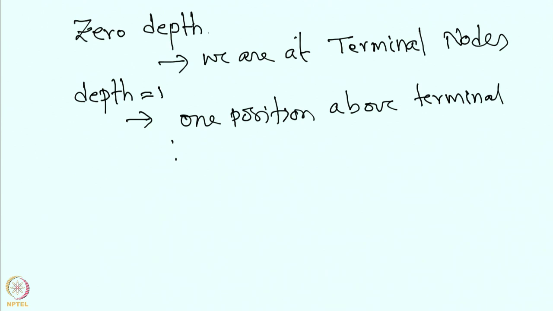Now, once the depth is defined, we will use induction, and depth is what we use for it. To use the induction, first we need to prove the base case.